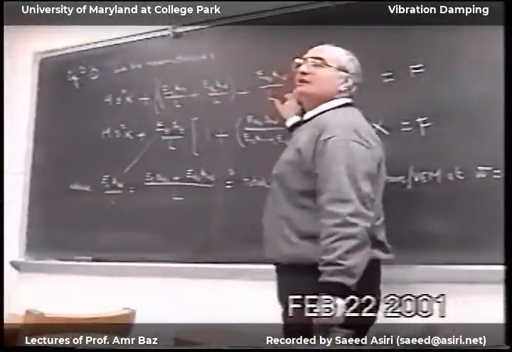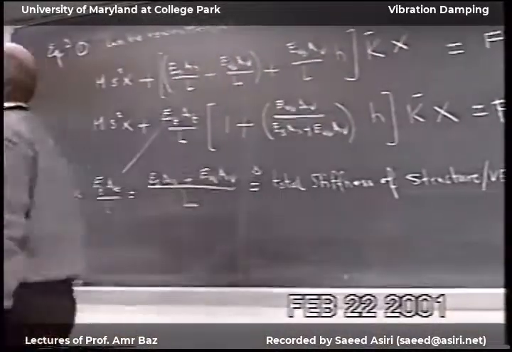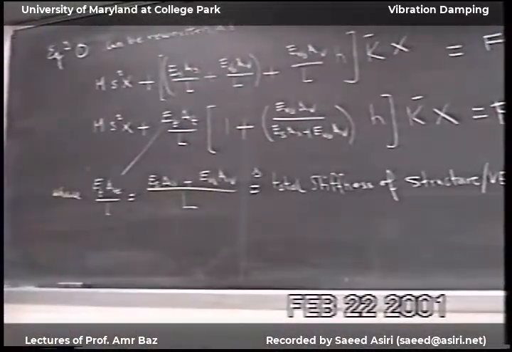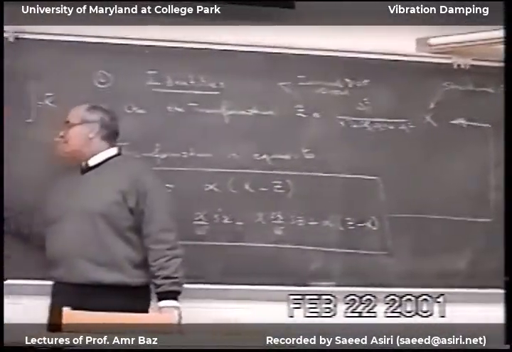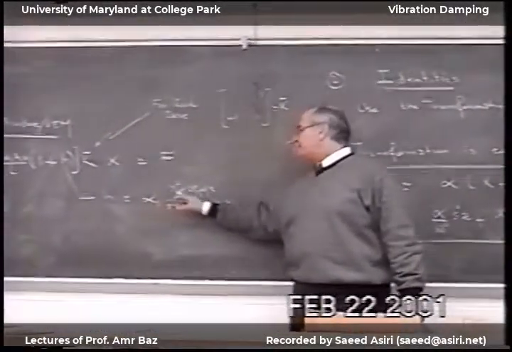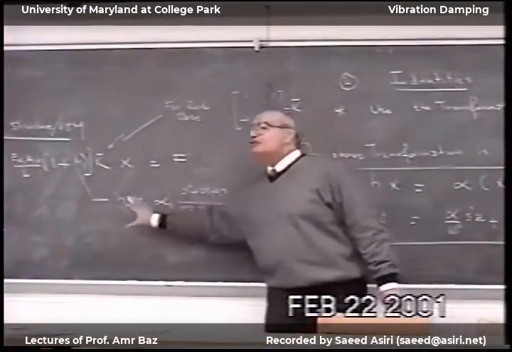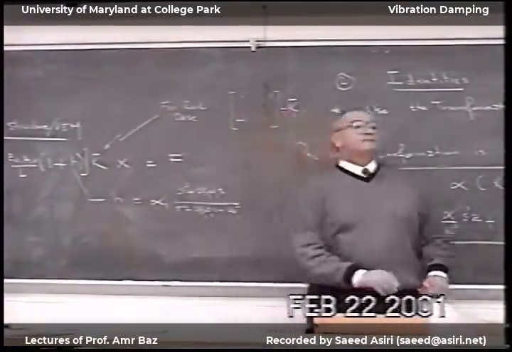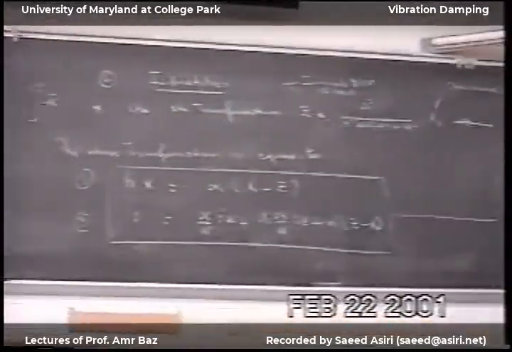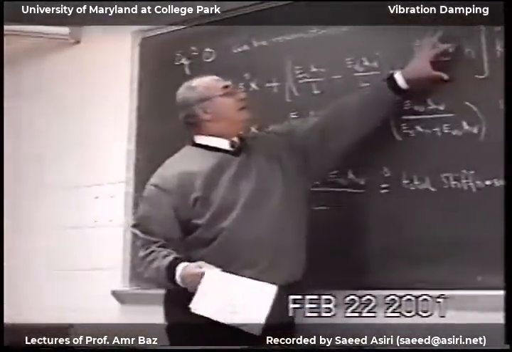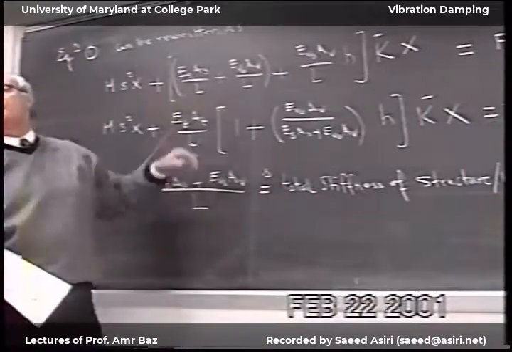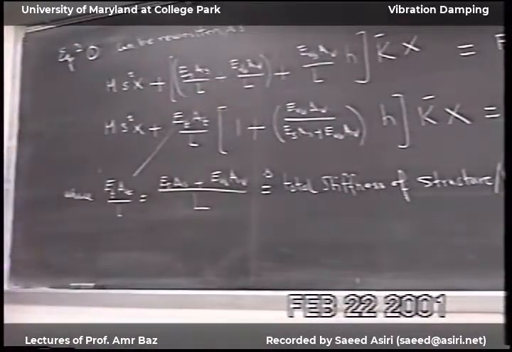Because this H, if I replace each S here by i omega, is depending on frequency. So when frequency is equal to 0, H will go to 0. So at zero frequency, this would be my stiffness. Okay?